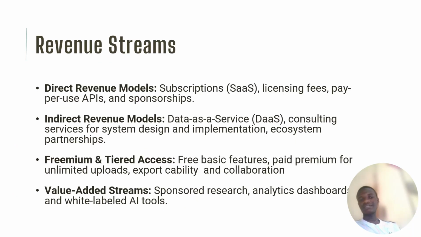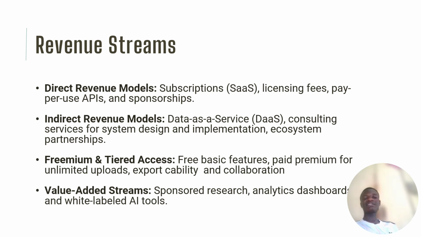And the revenue streams that we can have, first of all, software as a service. This can be achieved through subscriptions while licensing it to other third-party organizations, and some through sponsorships. This can be our direct revenue stream. Indirect revenue streams can be data as a service through consultation services for system design and implementation within our ecosystem, as discussed in the previous session.